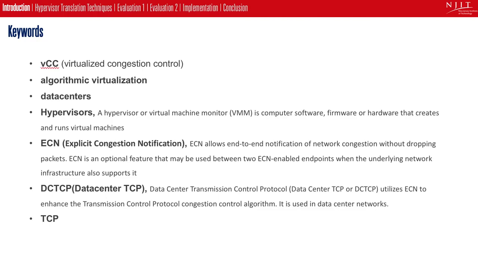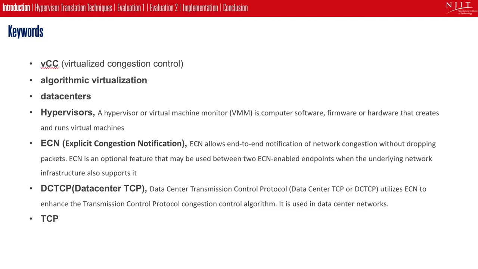ECN, Explicit Congestion Notification. ECN allows end-to-end notification of network congestion without dropping packets. ECN is an optional feature that may be used between two ECN-enabled endpoints when the underlying network infrastructure also supports it.